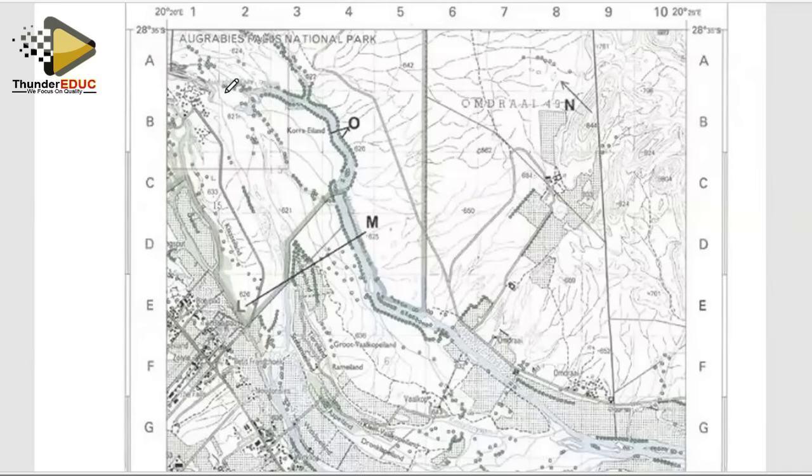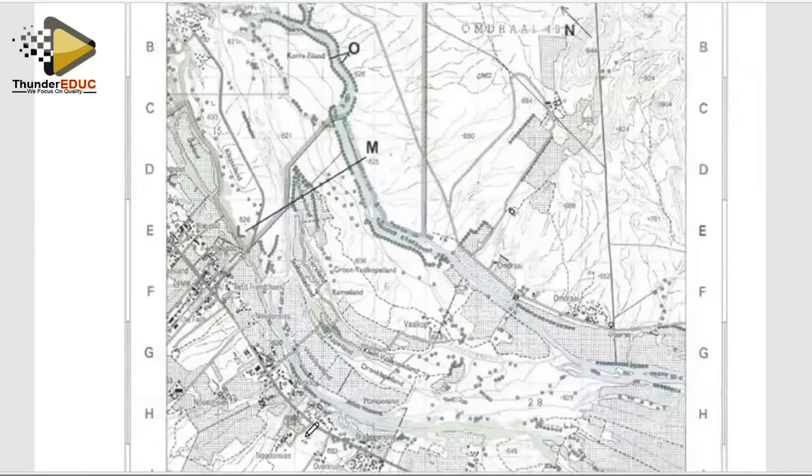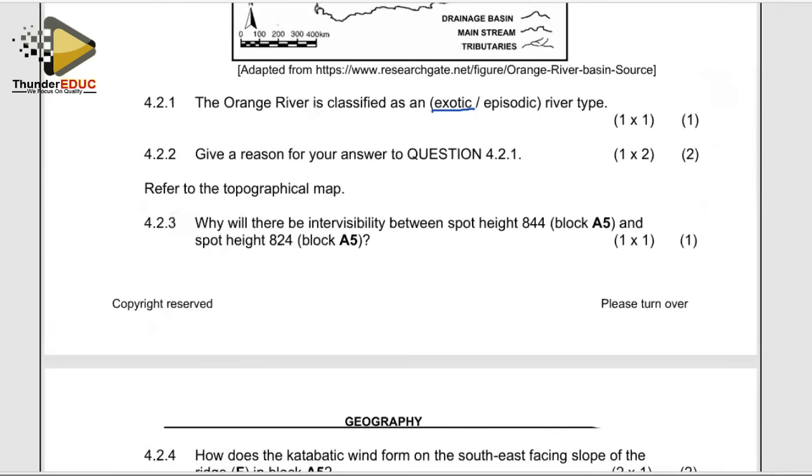So if you draw a straight line and there is nothing obstructing the view from one point to another, it means there is intervisibility. But if there is a high-lying feature, that high-lying feature automatically is going to block the visibility of the other feature, because we cannot curve our sight around the blocking feature. We can only see in a straight line. So if there is intervisibility between those 2 points, automatically the implication is there is no obstructing feature.